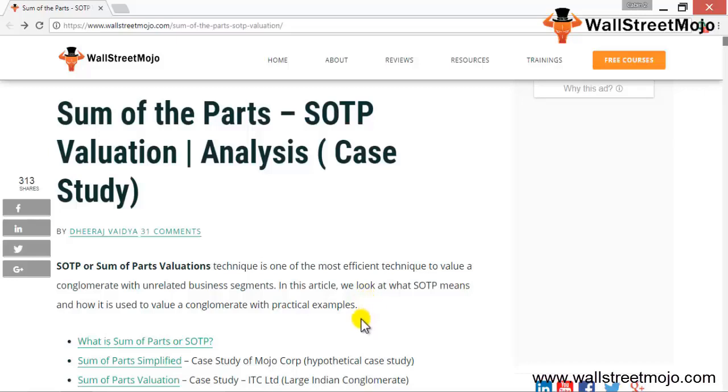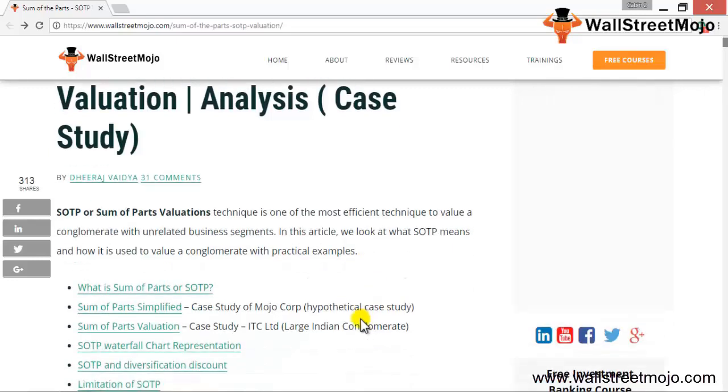So typically if you look at a conglomerate like Johnson & Johnson or Walt Disney, these are the kind of companies wherein SOTP would make sense. So typically what happens is different parts of the business are valued differently, and then they are all summed up with the cash, to arrive at the final number.